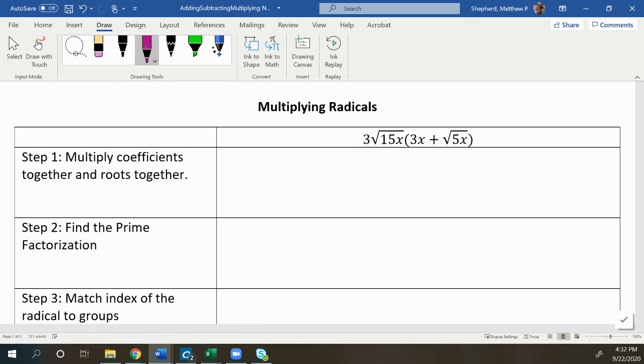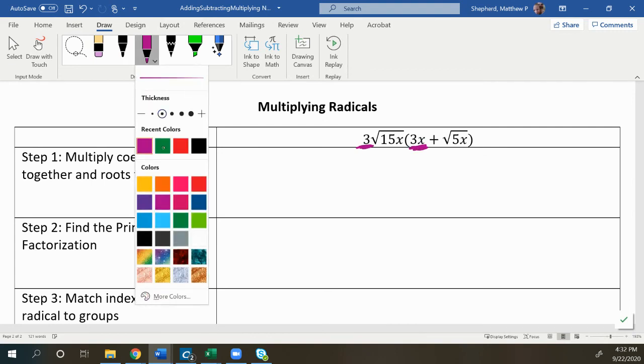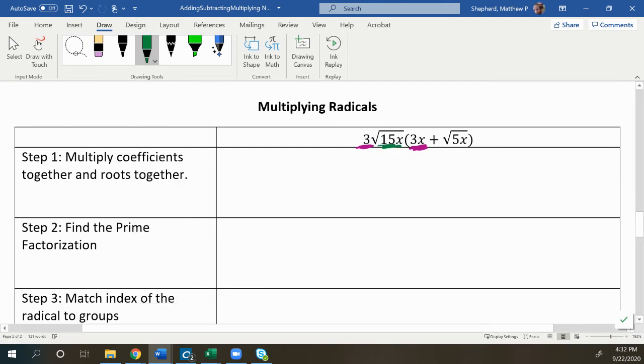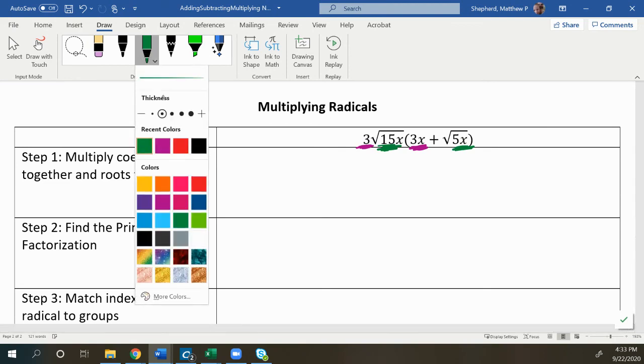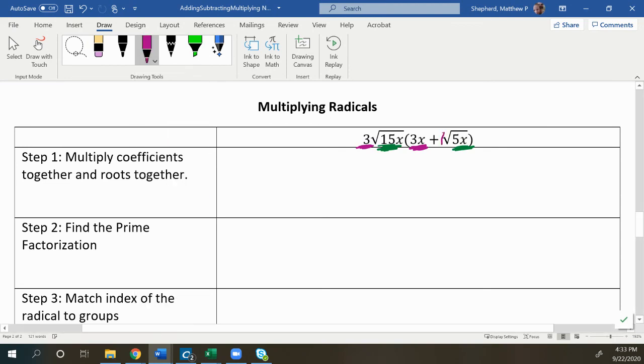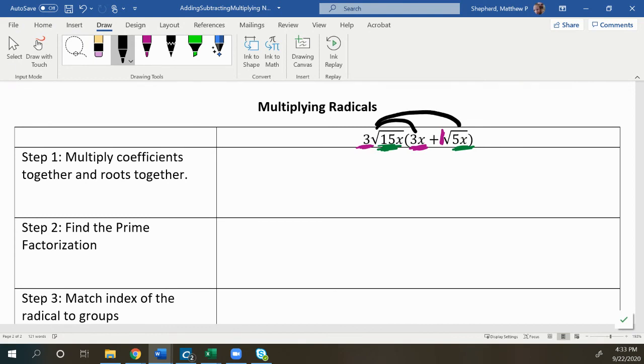Now, as you're multiplying, we've got numbers that are outside of radicals, and then we've also got numbers that are inside of radicals. The numbers that are outside of radicals are going to multiply to the numbers that are outside of radicals. So outside to outside, inside to inside. But both things in the term need to get multiplied.